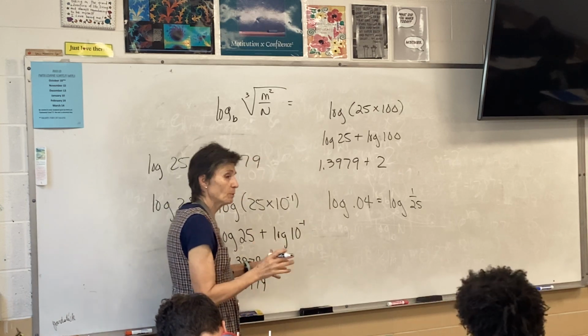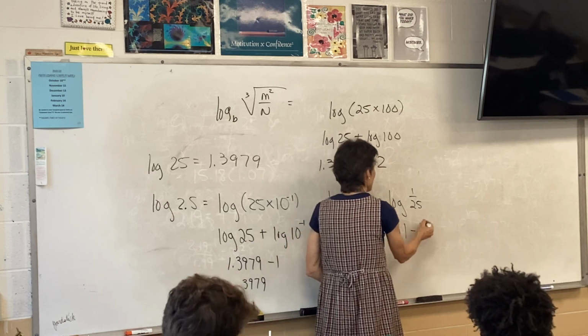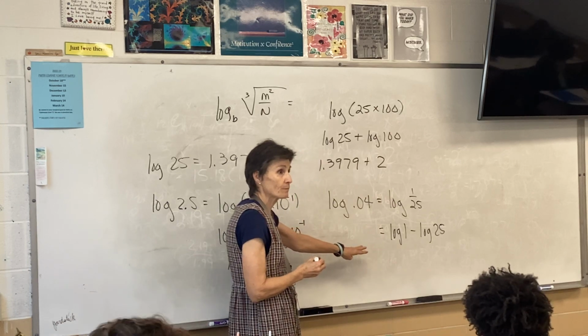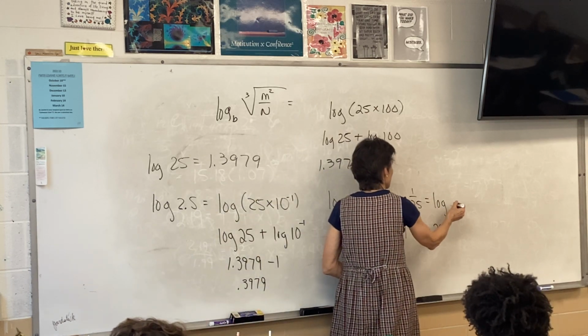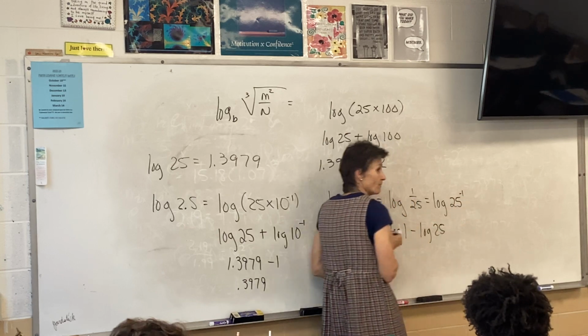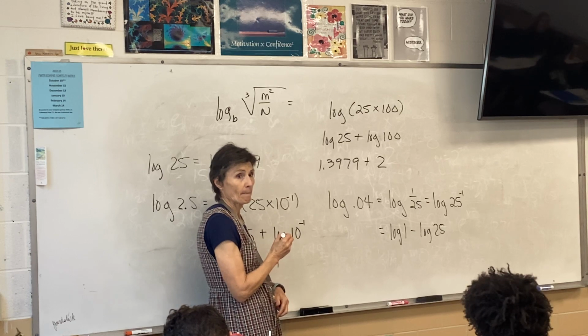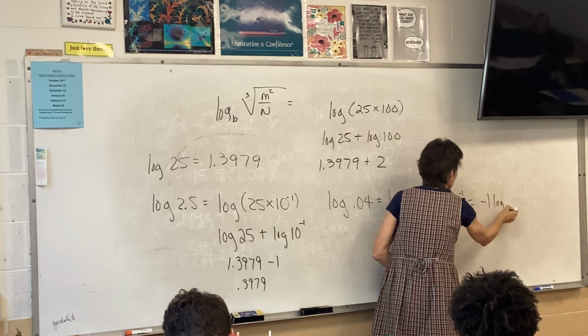And you can do that a couple different ways. One way is to say, okay, it's the log of 1 minus the log of 25. Another option is to think of 1/25 as 25 to the negative first. Is that right? And then -1 times log 25.